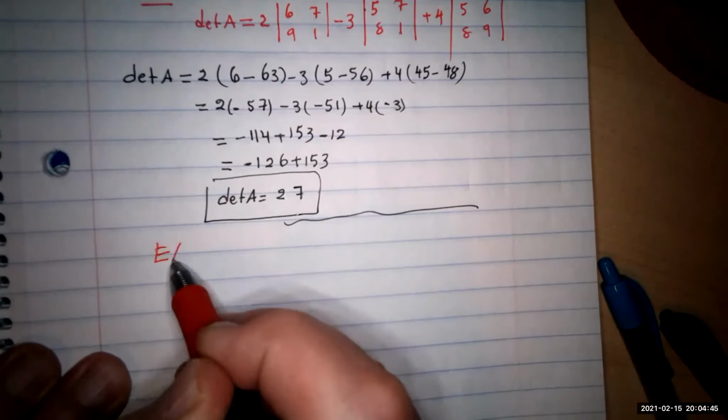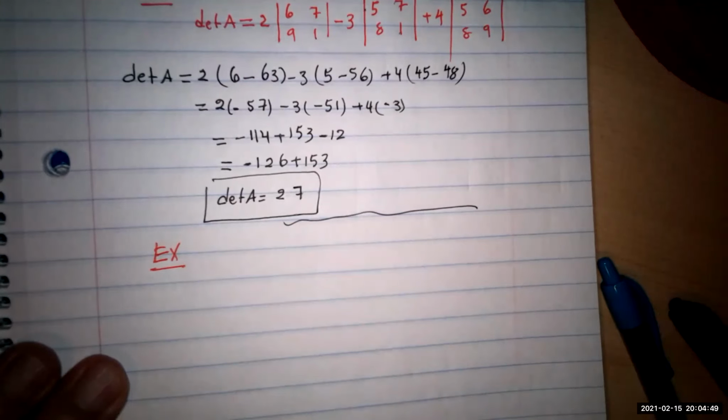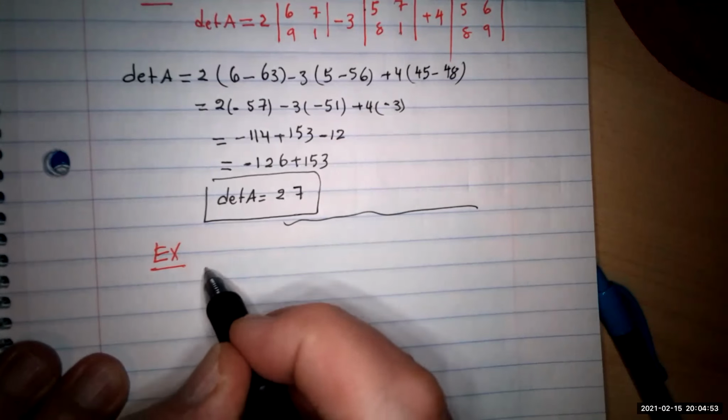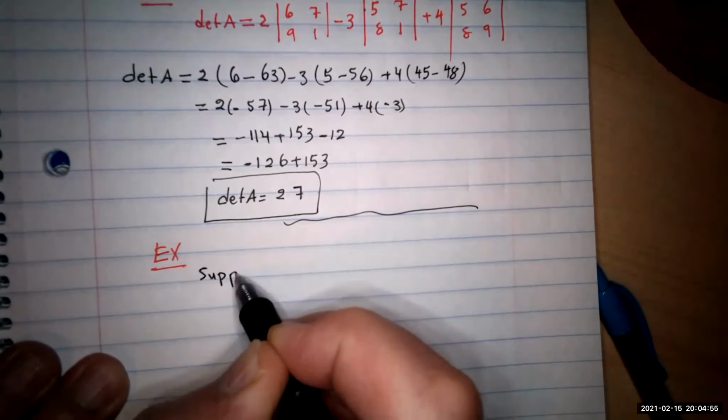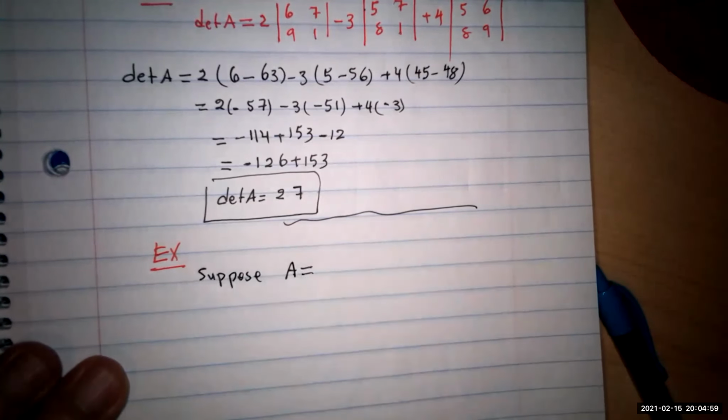You see the type 2 problem. You have quite a lot in your book. And we will give you one on your next test. They give you this one, okay? Suppose a matrix is given to you.